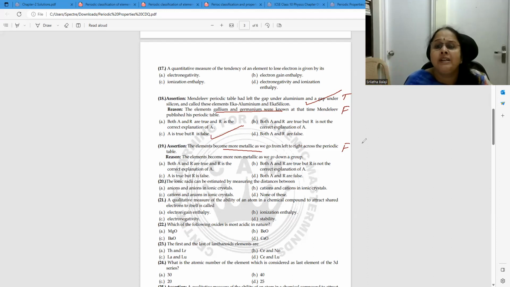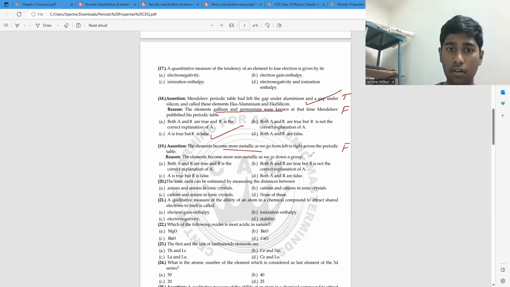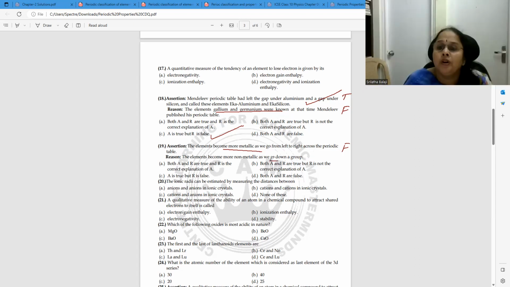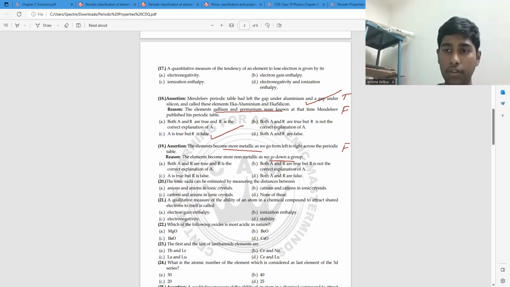Elements become more non-metallic as we go down the group. Come on. False. How does non-metallic character behave down the group? It decreases.